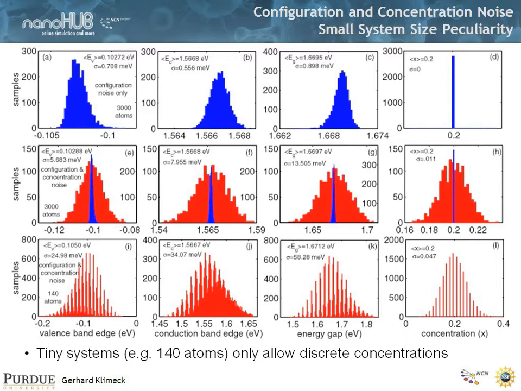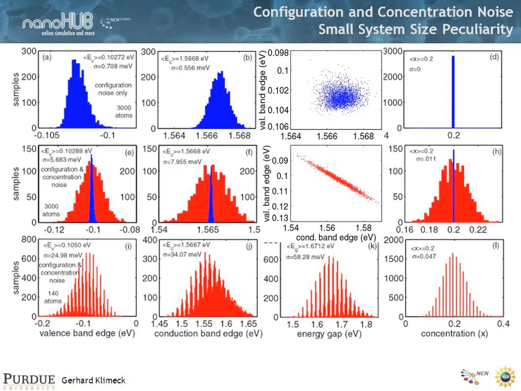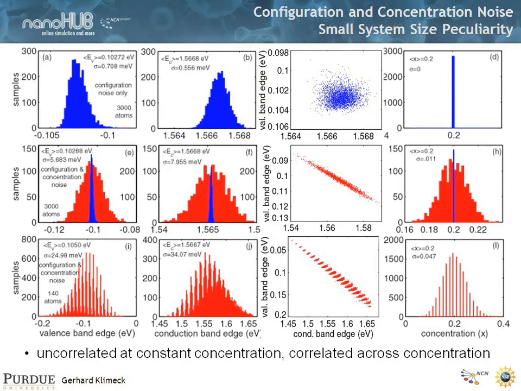And again, you can imagine that this is correlated, and indeed it is. Uncorrelated in the configuration, correlated in the concentration, and when the system is too large, you can almost see these little bubbles in blue being correlated along this line.